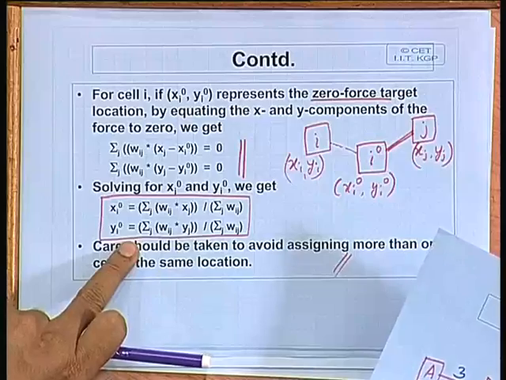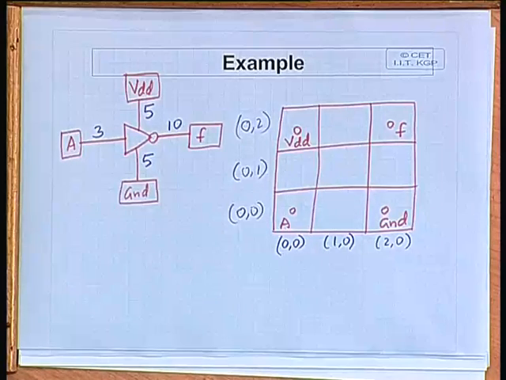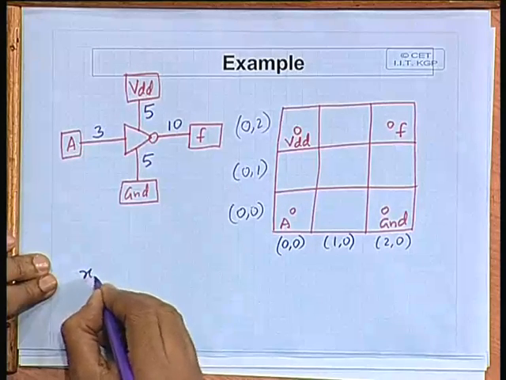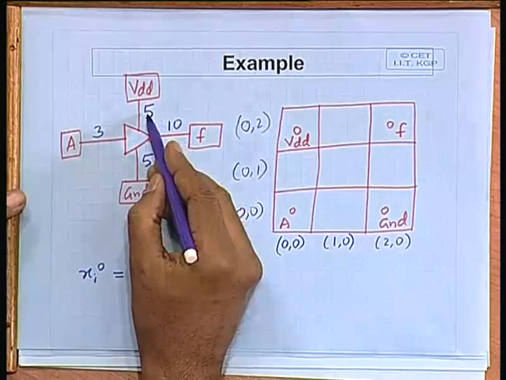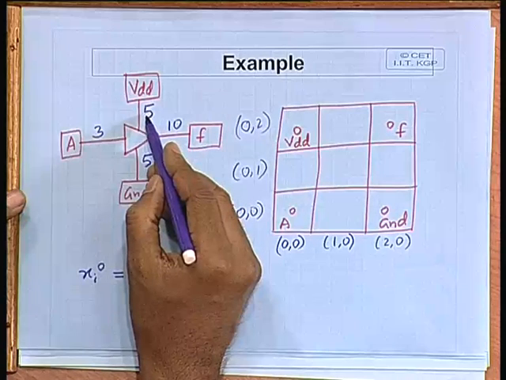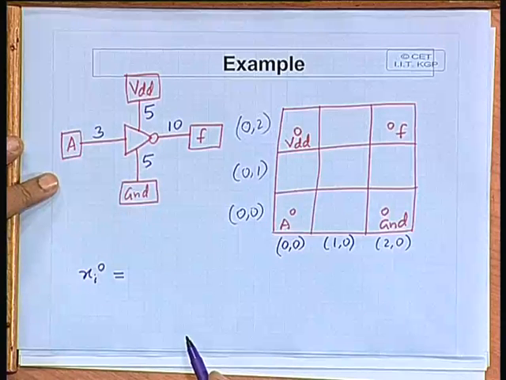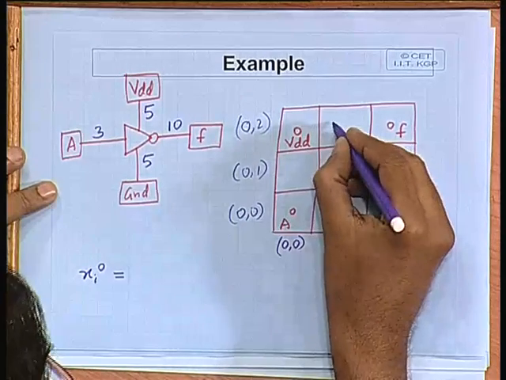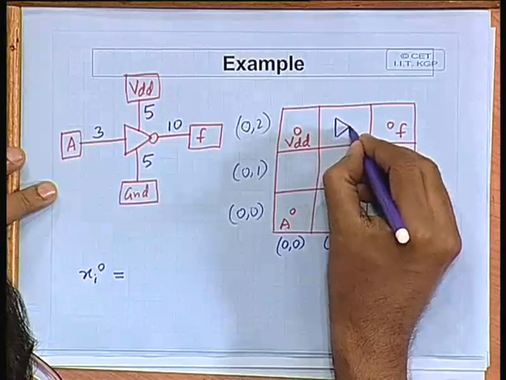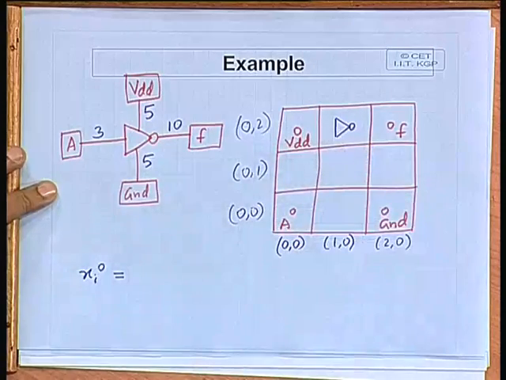For xi0, I can calculate the weight multiplied by the x of VDD. Now, we assume that the gate is initially placed here in this location. From here I want to find out the 0 force location. So, initially the gate is placed here.